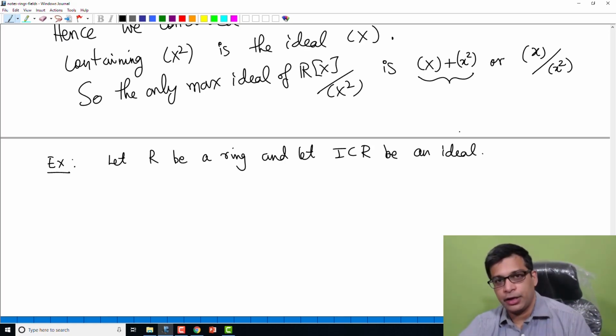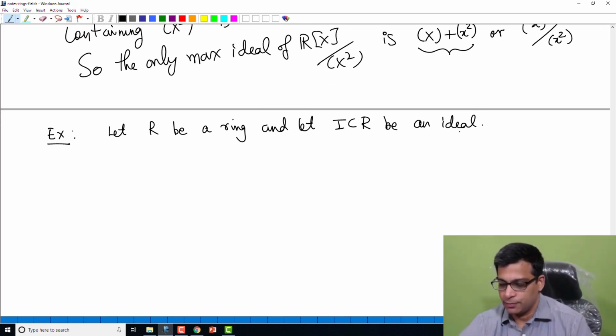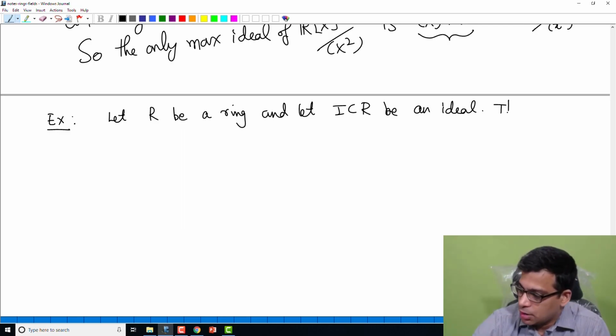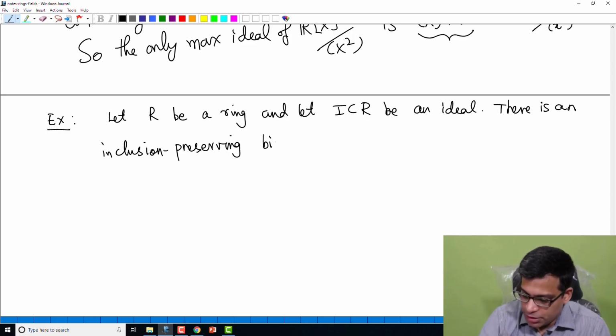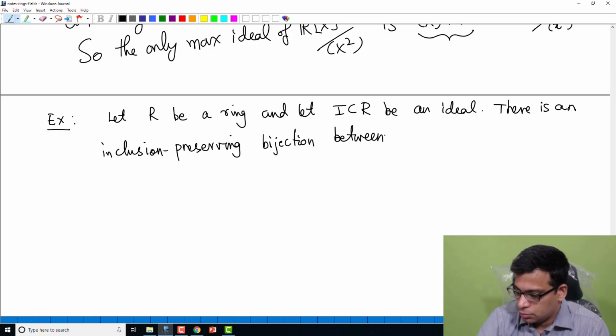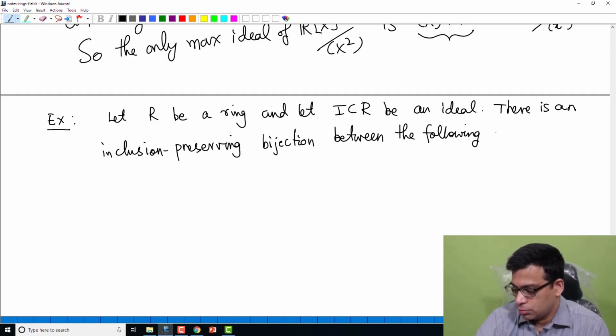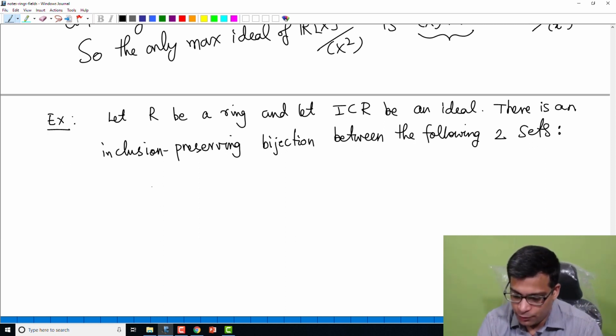This is a refined version of the correspondence theorem. So the statement is there is an inclusion preserving bijection between the following two sets.